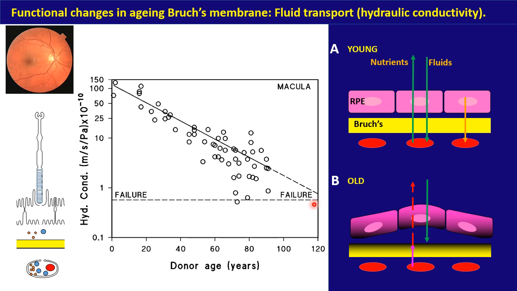If hydraulic conductivity falls below this threshold, then fluid will accumulate on top of Bruch's, leading to an RPE detachment, and this increases the risk of damage to photoreceptor cells. Such detachments are observed in 12 to 20% of AMD patients.